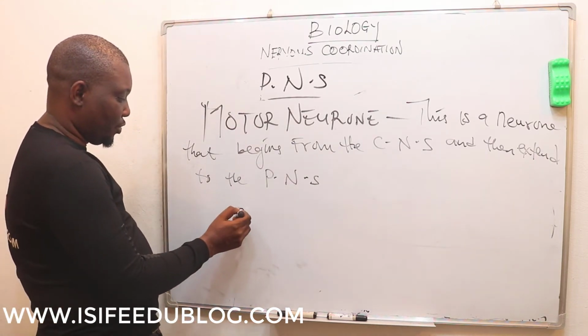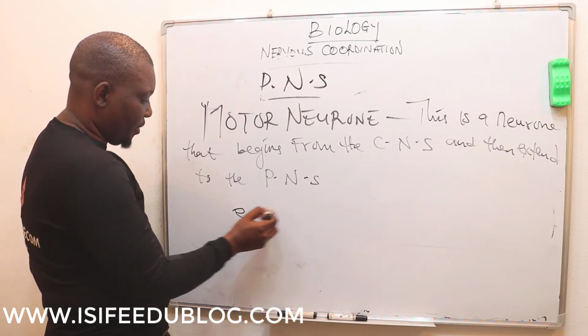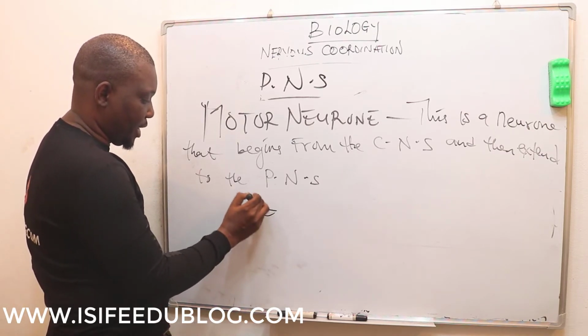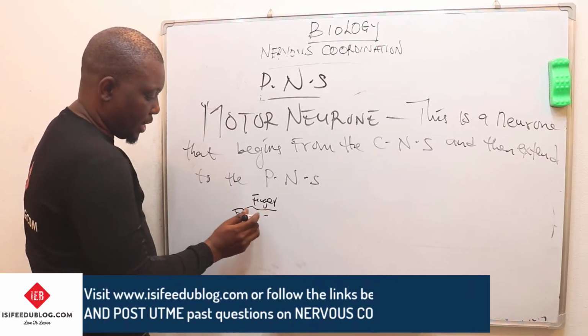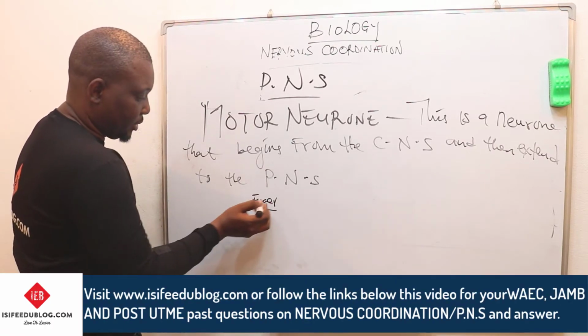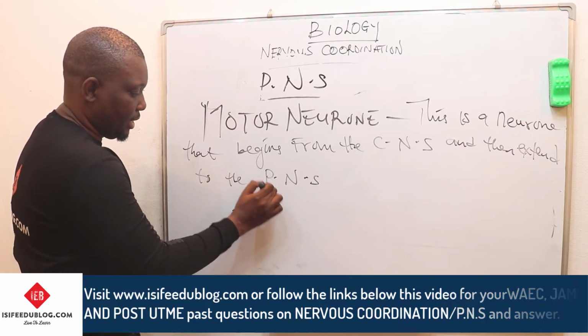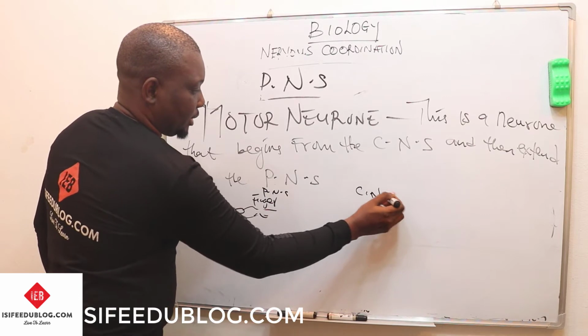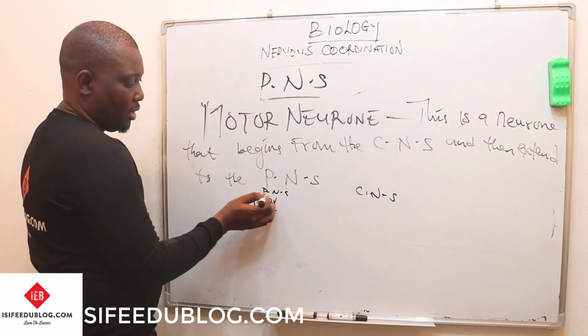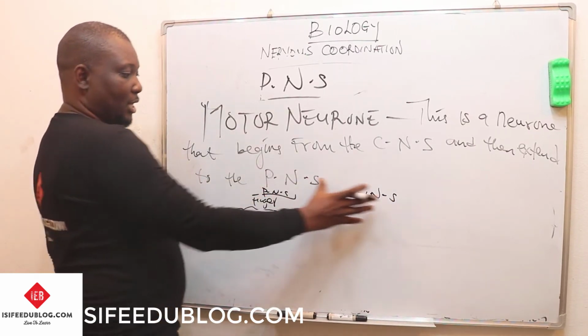Now, assuming that you have a pressure or pain from this part of the body, the finger, and there's a puncture here. This part, the finger, is my PNS. And this part is my what? The CNS, the central nervous system. The finger is part of the PNS.